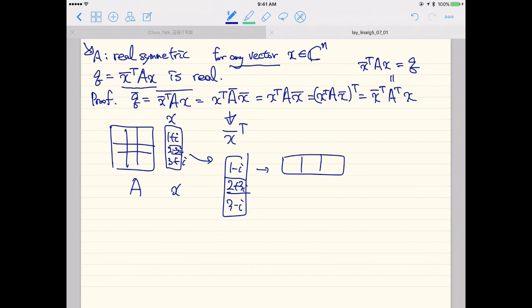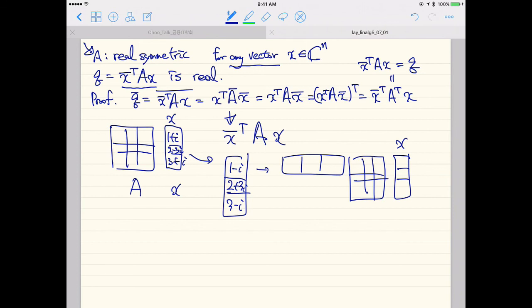And then we have a matrix A, which is real and symmetric, and vector x. So we have a 3 by 3 matrix, and then we have the vector x, which is complex. You multiply the complex vector on the left and right, and they are conjugate related.